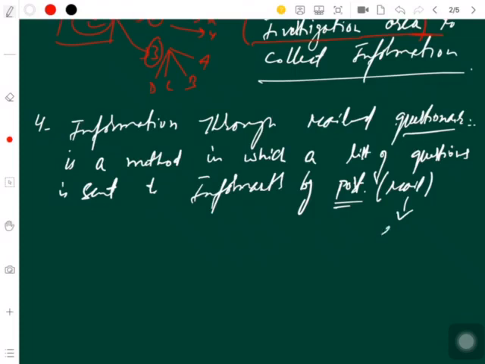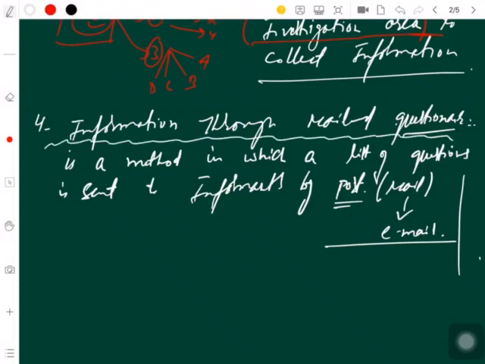It is one and the same thing, but today it is called email. There are many other ways to send. So information through mailed questionnaire, being the fourth type of your method of collecting primary data, is such a method where a questionnaire is prepared and sent to the informant or the correspondent, and he fills that questionnaire and sends it back to you.